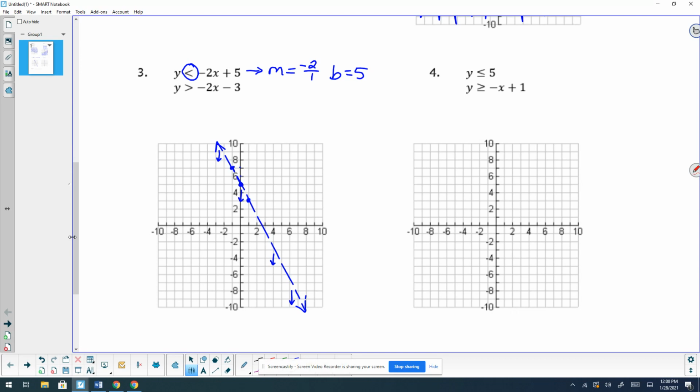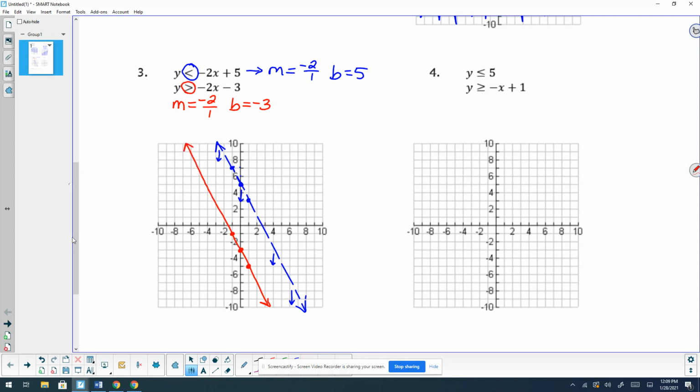My second inequality, my slope is negative 2 over 1, and my y-intercept is going to be negative 3, so I go down to negative 3 to start. Tell me to go down 2, right 1, and up 2, left 1. So there's my line for my second inequality.